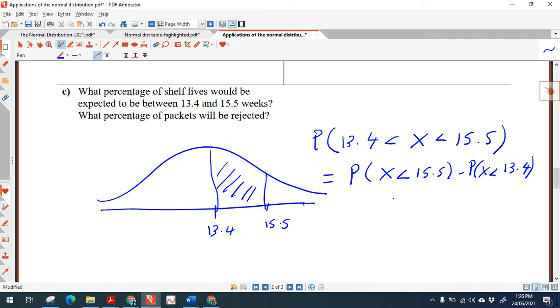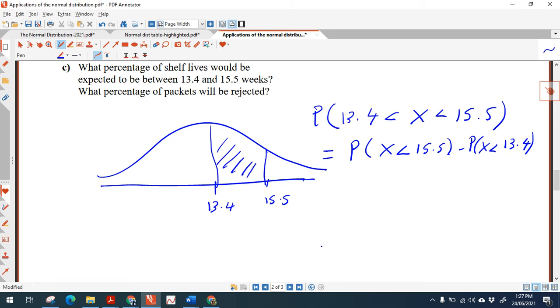Now, we want to work out the z-score which corresponds to these numbers, so we can write down an equivalent expression involving z-scores. Now, in the previous question, they already got you to work out the z-score for 15.5.